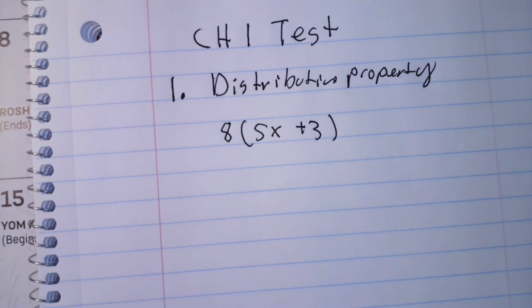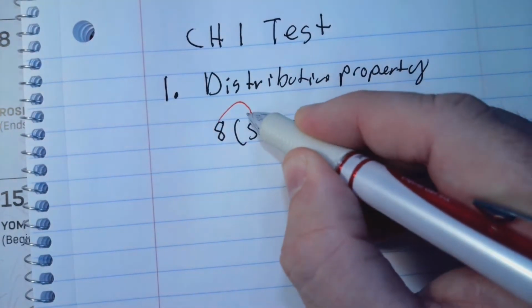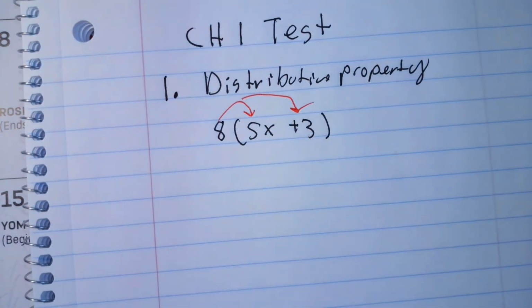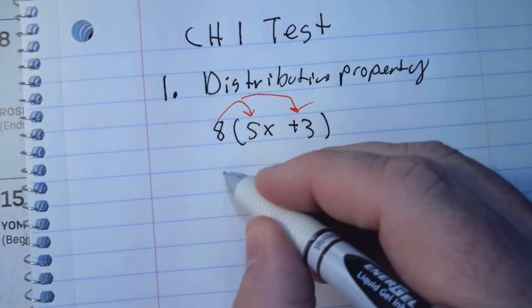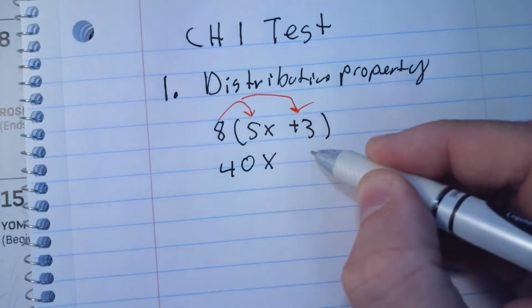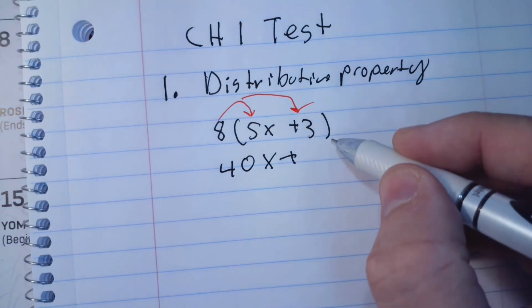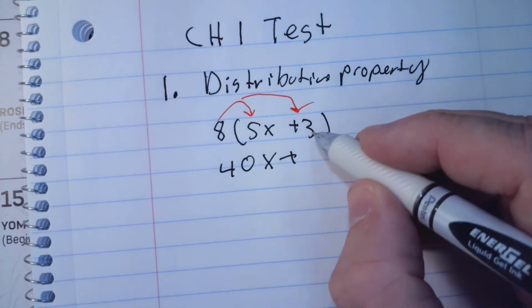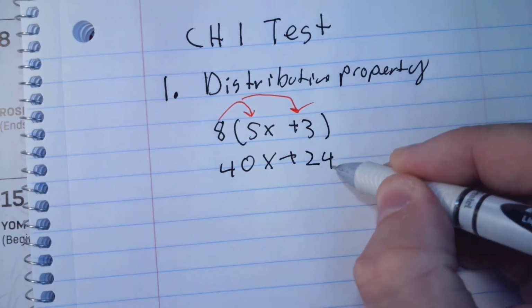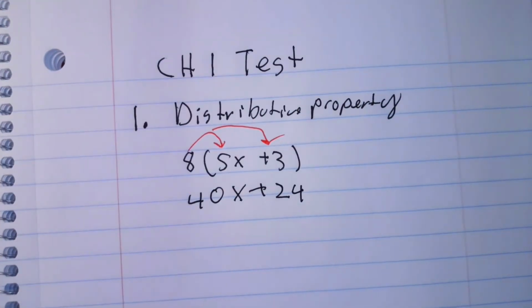Okay, this is all it is, right? This would be what, 24? Okay, so this is it.